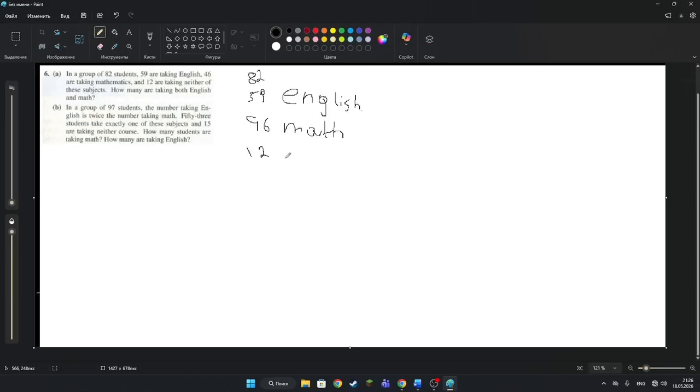So the first step, we must find the students who are learning something. It's 82 minus 12, which is equal to 70.